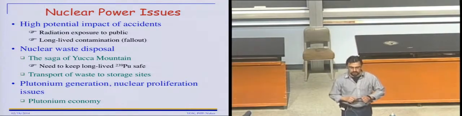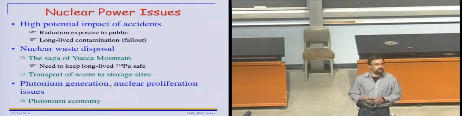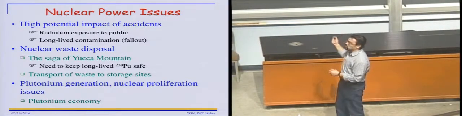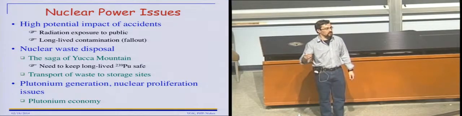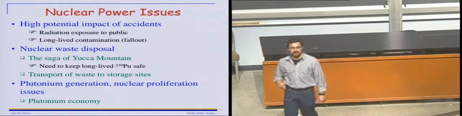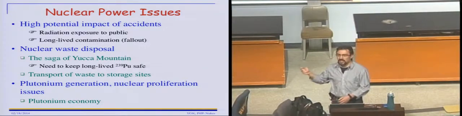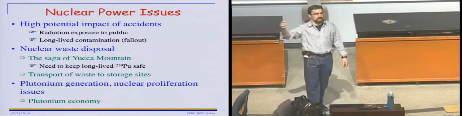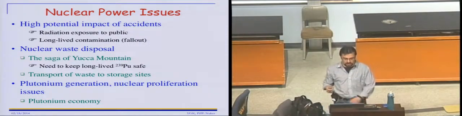And so if you don't reprocess spent nuclear fuel for policy reasons, you have to store it somewhere for tens of thousands of years, since the half-life of this isotope, plutonium-239, is 6,000 years. So you need to keep it somewhere safe, and safe on the scale of thousands of years, which is beyond many generations. So who knows what happens to the human race that far in the future, is one of the arguments.